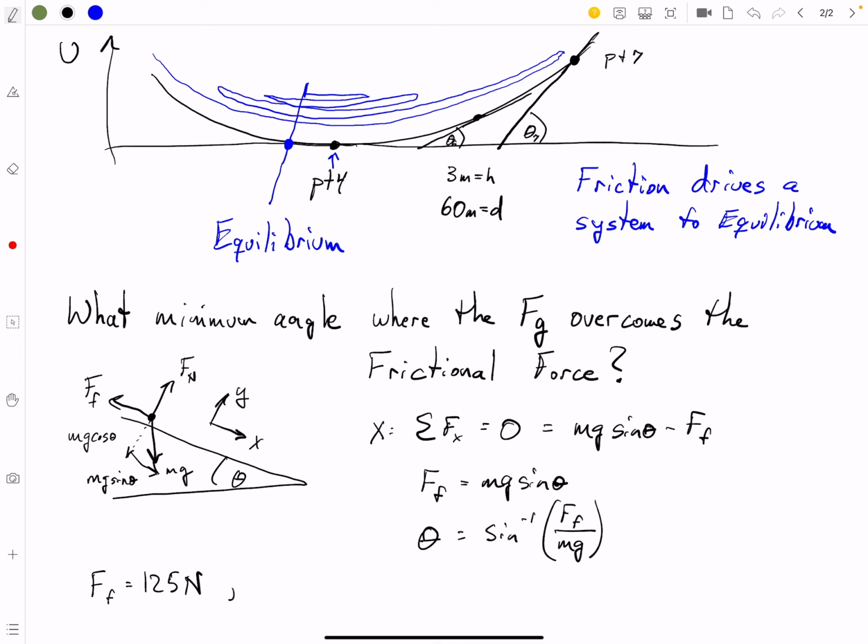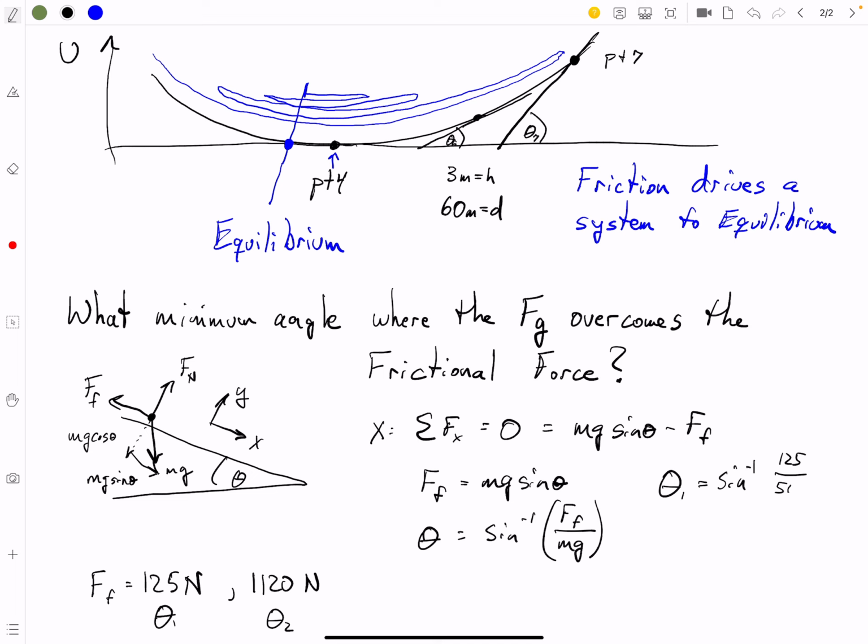But we also had 1120 newtons. So we're going to have a theta for each: theta 1 and theta 2. Theta 1 is going to equal the arc sine of 125 over, wait, it's not 500, it's closer to 5,000.